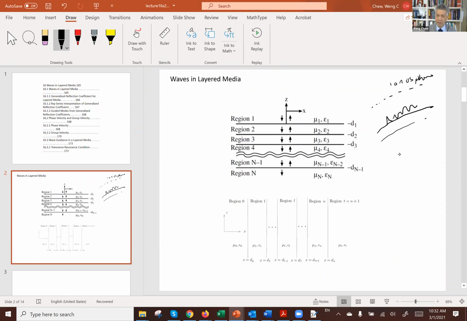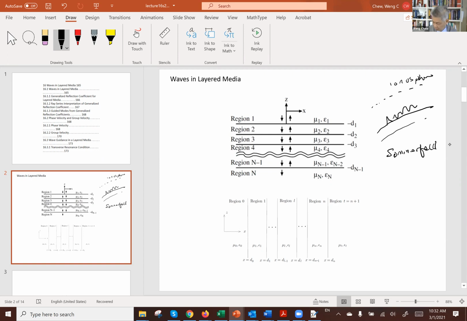So how would waves propagate in a layered medium of the Earth and the ionosphere? Sommerfeld did solve this problem around the turn of the century, I believe about 1901 or 1902. So we study this problem now.